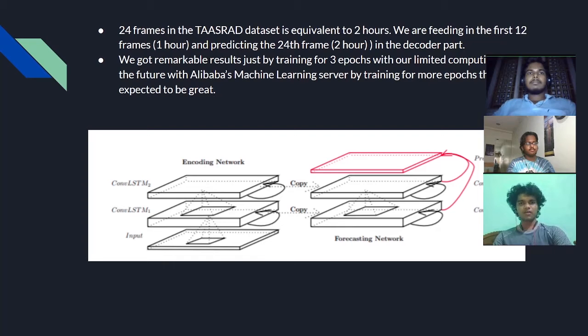Doing this for 3 epochs, we got some remarkable results using only our limited computing power. In the future, with Alibaba's machine learning server, we are planning to train the model for more epochs. That way the results are expected to be great.